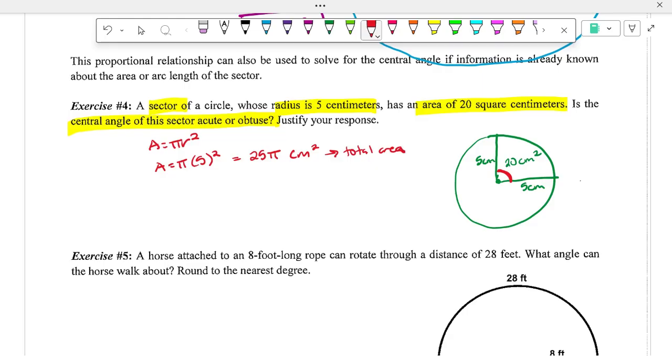Now, this is similar to the Desmos classroom activity. All right, we have the total area, we have a section of the area. We want to figure out how big of an angle we need. So think back to what we did through the Desmos classroom activity. Think for a second about our next move.